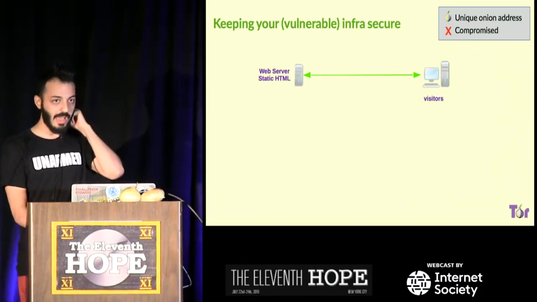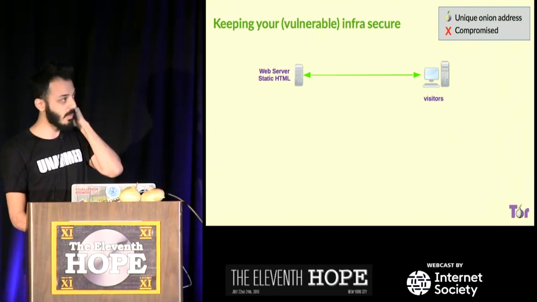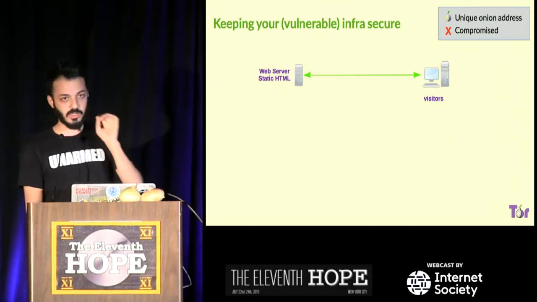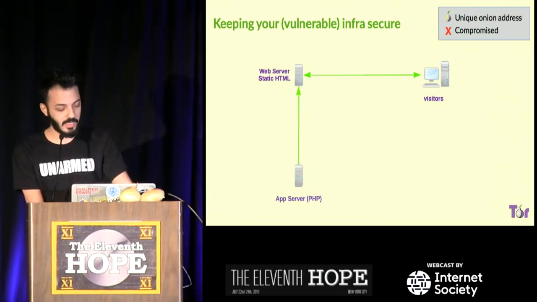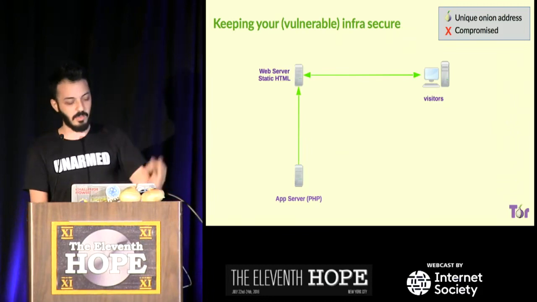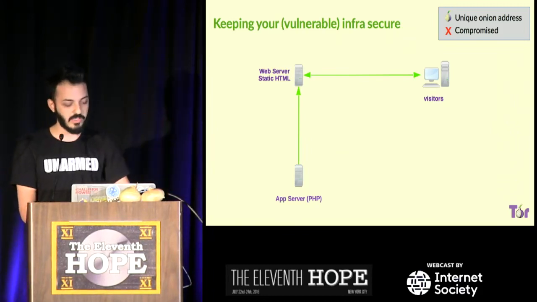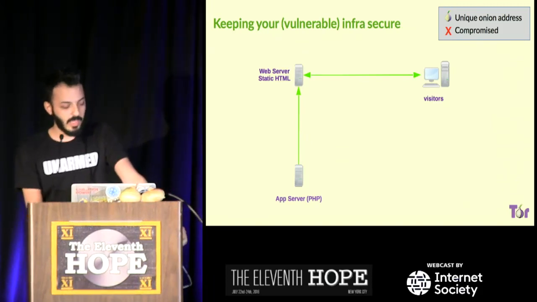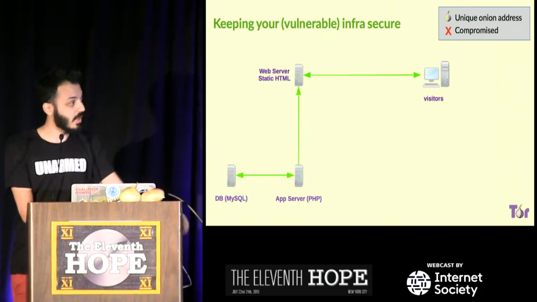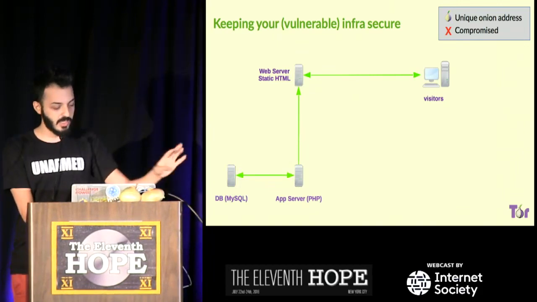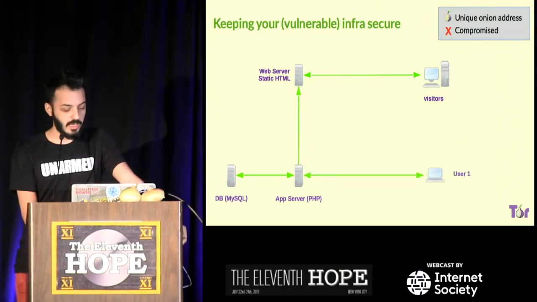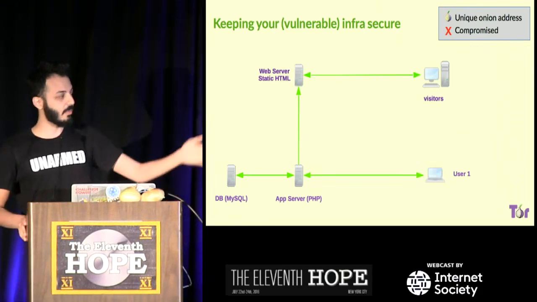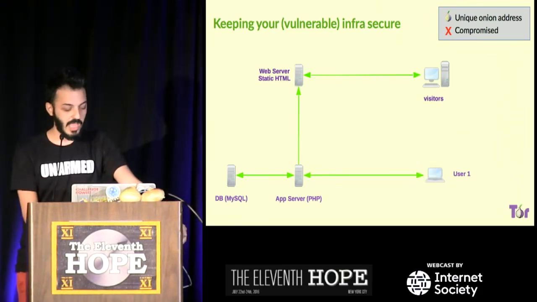So imagine that you're running a website and doing things correctly. The PHP app server is on a different VM. There is an Nginx reverse proxy on the web server that is serving static HTML, and you have a MySQL DB. Imagine this is a WordPress website with a bunch of vulnerable plugins, and you have contributors who need to connect to the app server.